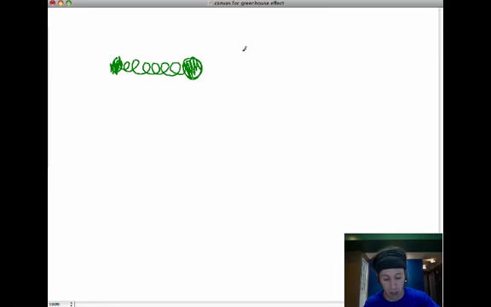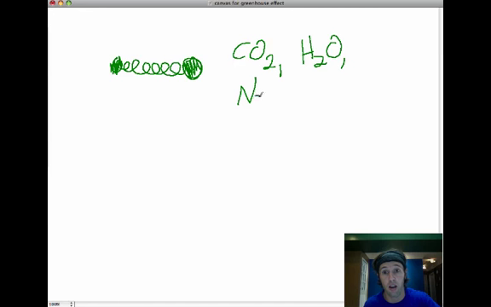And our greenhouse gases could be something like carbon dioxide, water vapor. Most people don't know water vapor is a greenhouse gas. It is. Nitrous oxide, also known as laughing gas at the dentist. And maybe methane, which is what comes out of farm animals and lots of other things. And this has a certain frequency f that it likes to vibrate at.